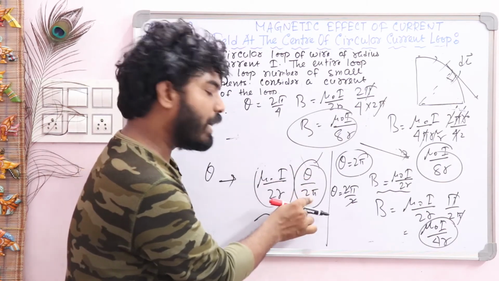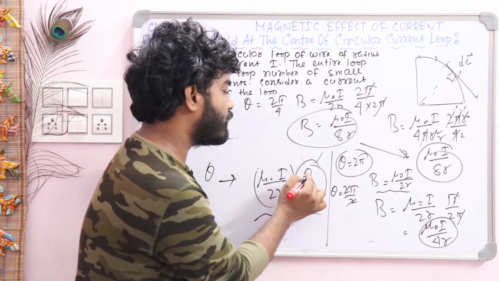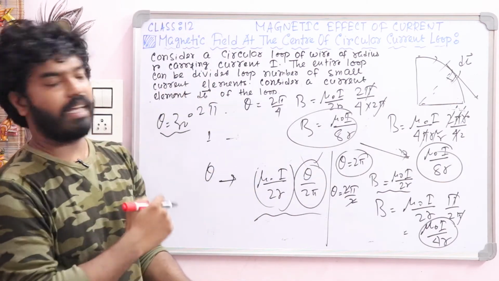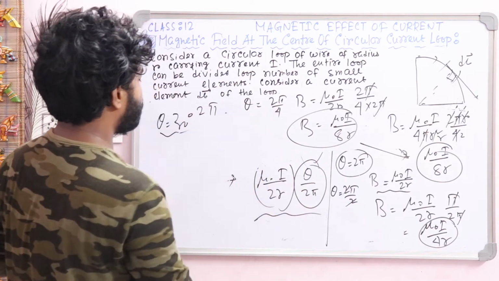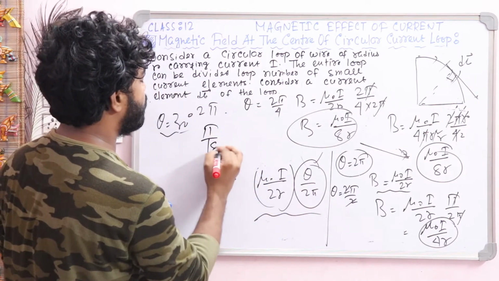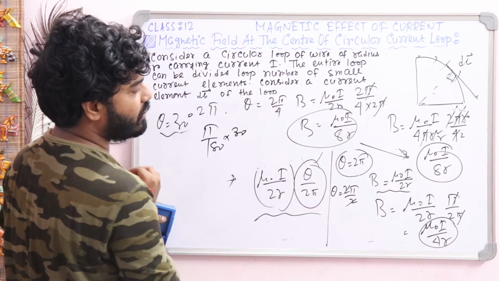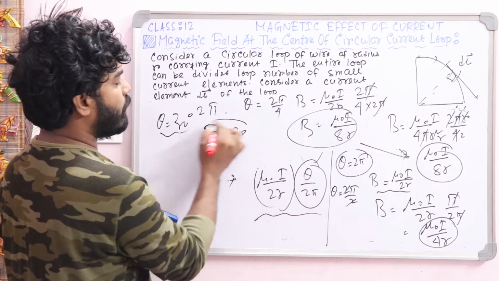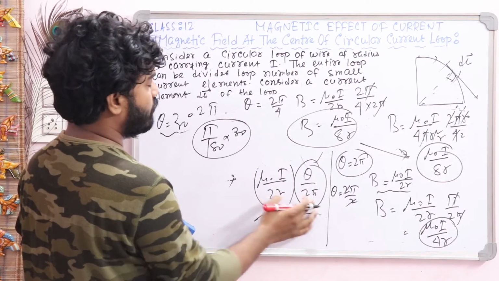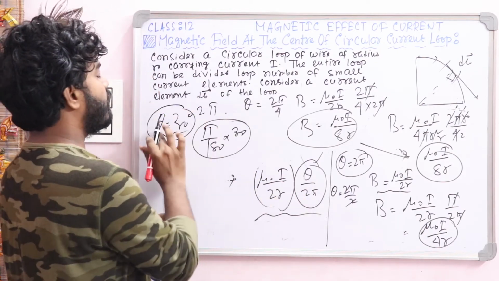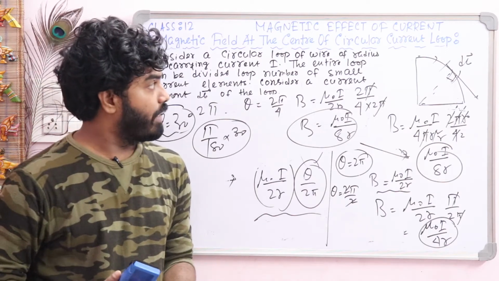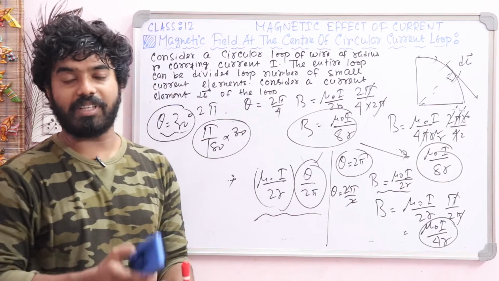If you use 2 pi here, then you have to convert this 30 degrees into radians, and you know the conversion, that is pi by 180 into 30. This is the concept. Now you use this value in the place of theta, then you can easily find out the value of magnetic field for the angle theta equal to 30 degrees. So this is the main theoretical concept for this class, students.